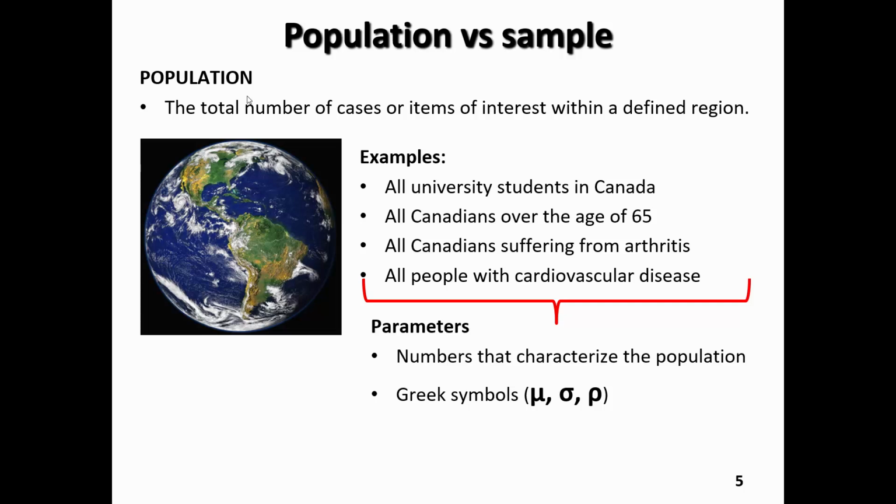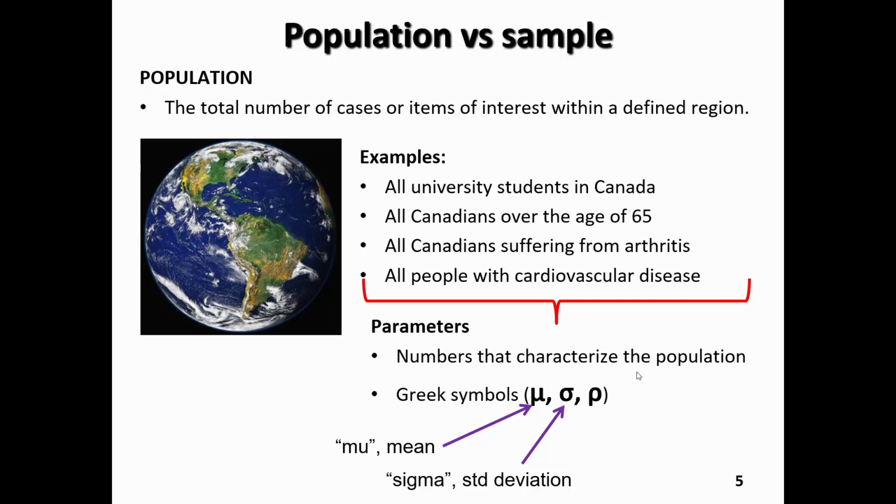When we talk about population parameters, we use Greek symbols to represent those descriptive values that we generate from the population. So Greek letter mu here is the standard symbol for the population mean or average. Sigma, lowercase Greek letter sigma, is the symbol that is used for the population standard deviation.